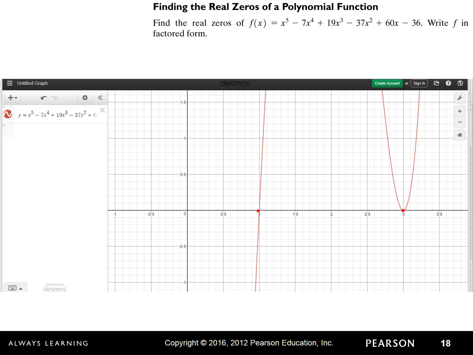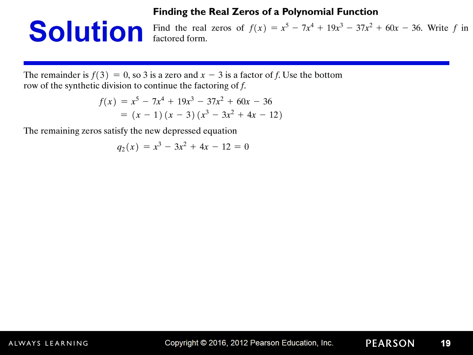In fact, we suspect it's a double root because we have that behavior of touching, not crossing. And so, knowing that, let's see, what was that depressed polynomial? Well, I mean, we could just very easily run it again.